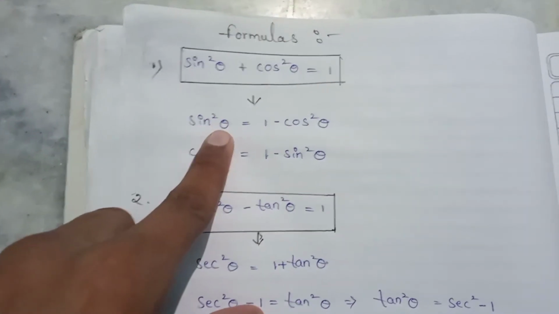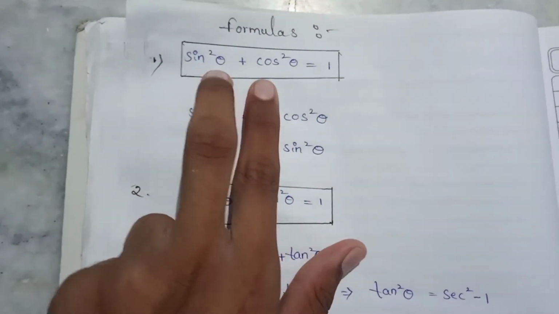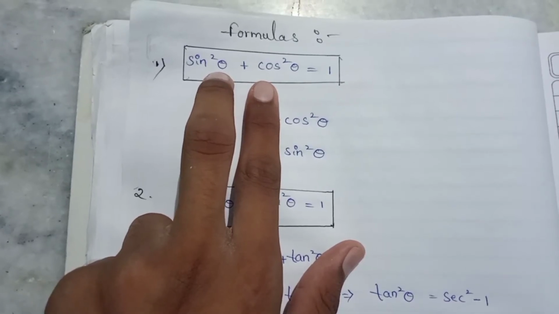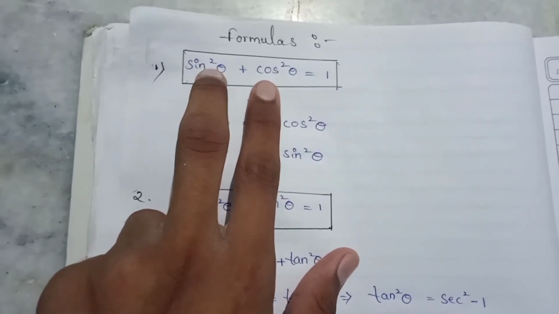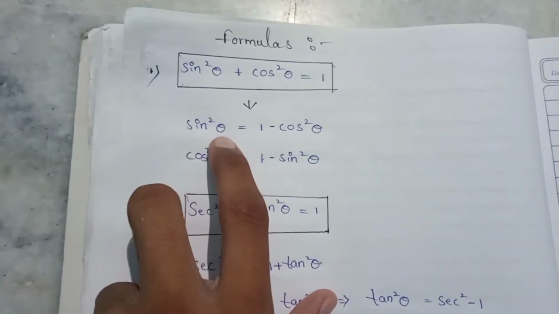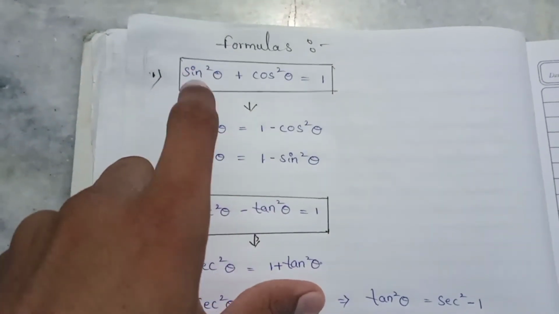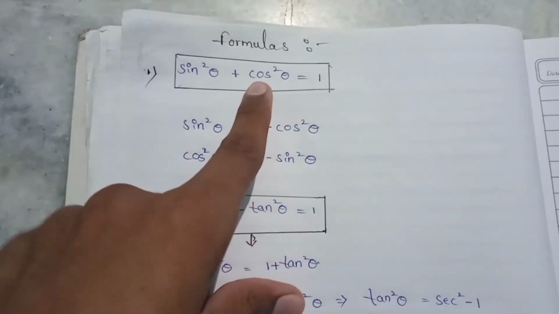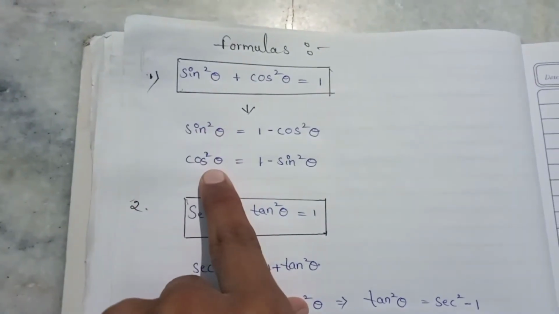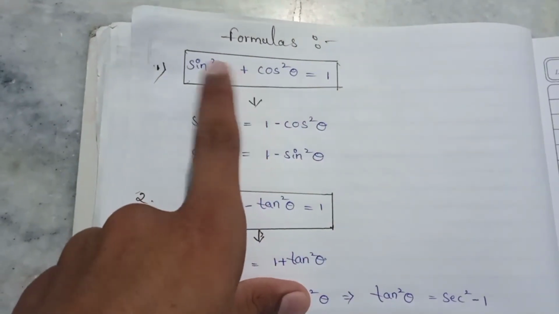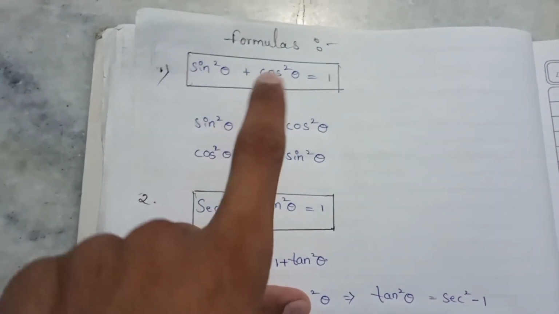In sin square theta plus cos square theta equals 1, there are two terms. Let us find values for those two terms. To find the value of sin square theta, we keep sin square theta as it is.